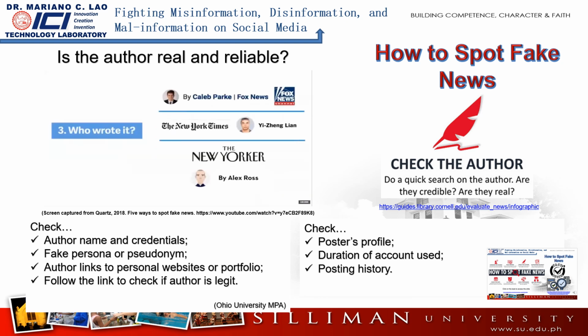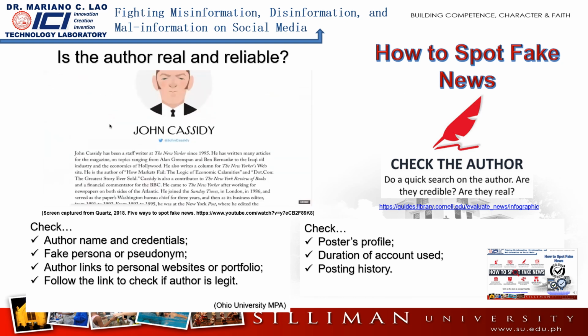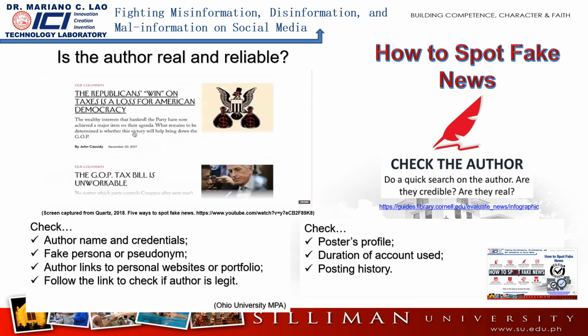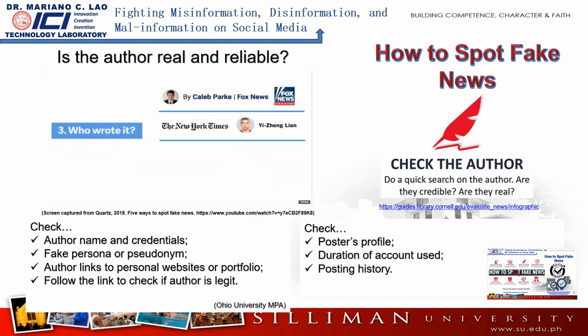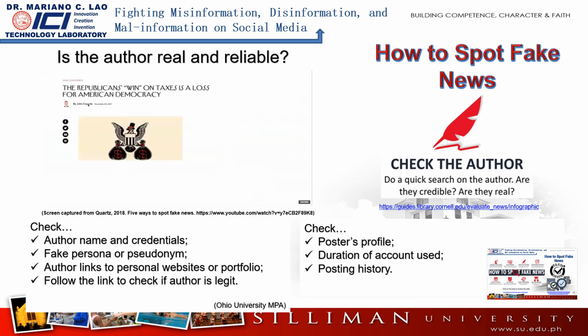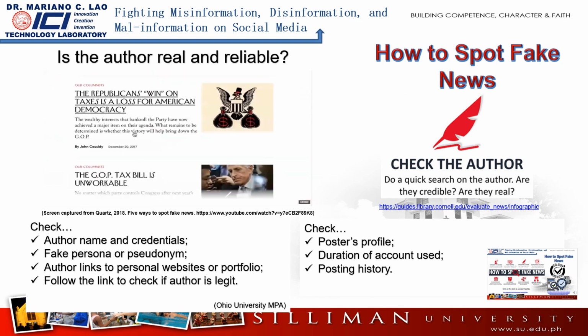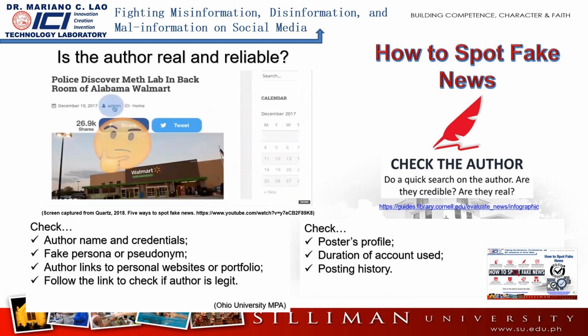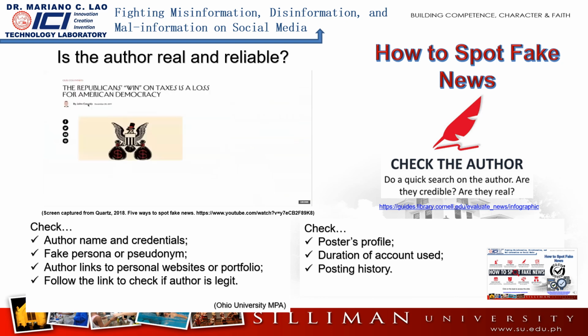Be sure to see if the author provides any links to personal websites, social media profiles, or a portfolio, and follow the links to check legitimacy. If it's posted on social media, examine the poster's profile, the duration of their account's use, and their posting history to determine whether they exhibit bot-like activity.